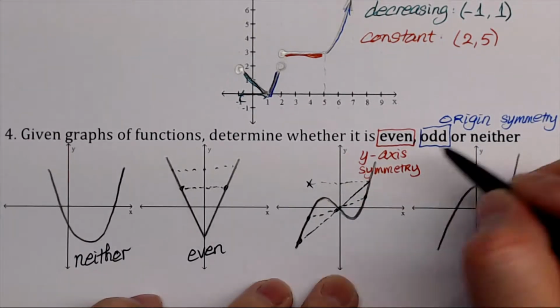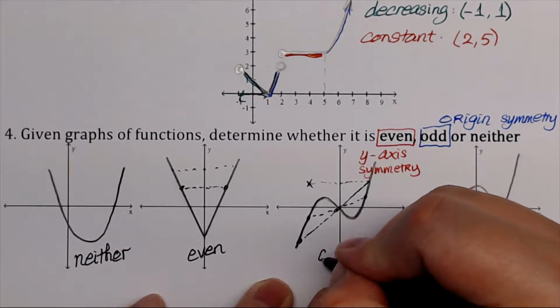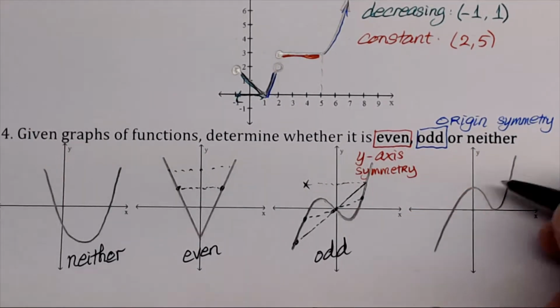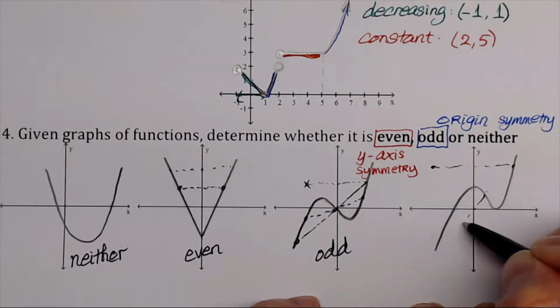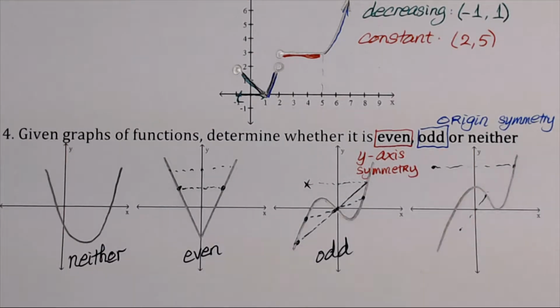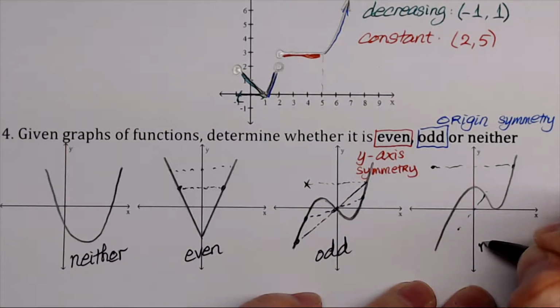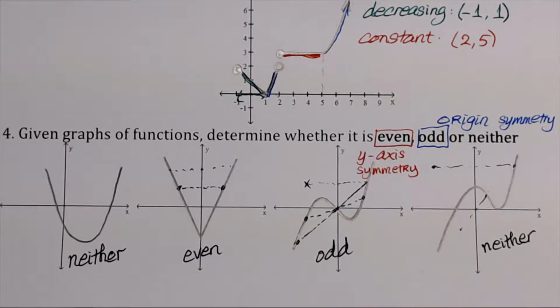So that is the origin symmetry. So that one is odd. And this one, a point here doesn't have anything on the other side. A point here doesn't have anything on the other side. So it's neither, because it has no symmetry. Notice that the symmetry has to be perfect for it to be even or odd.